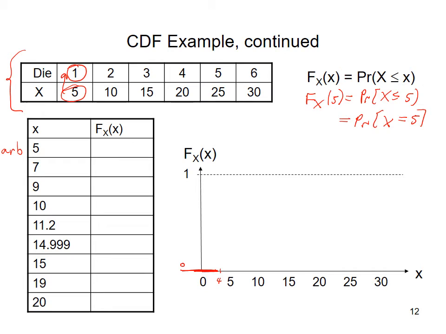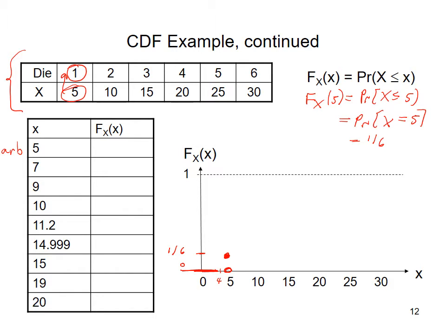So x is less than or equal to 5 whenever the die takes value 1, and that's of course the number 1/6. So at 5, all of a sudden it jumps from having a value of 0 before that, and then all of a sudden it's sitting up here now at 1/6.